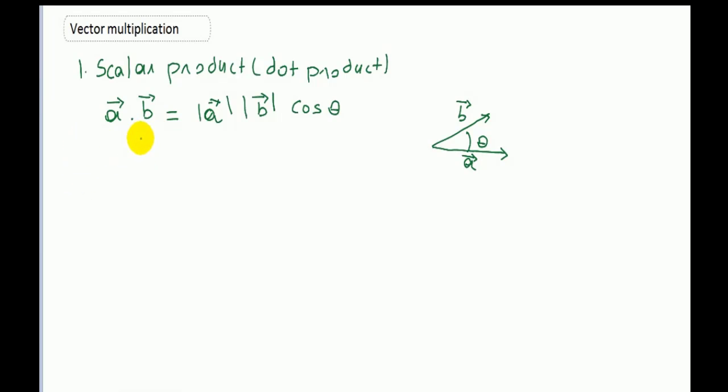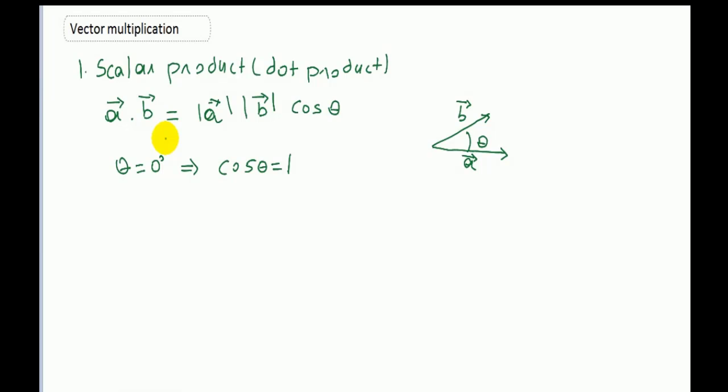Now there are some conditions, like if theta equals 0, that is if both vectors are in the same direction, then cos theta will become 1, and we can simply multiply their magnitudes to get the dot product.